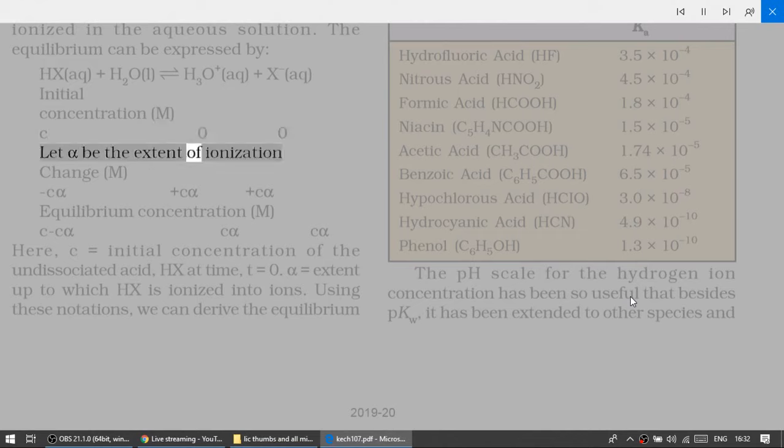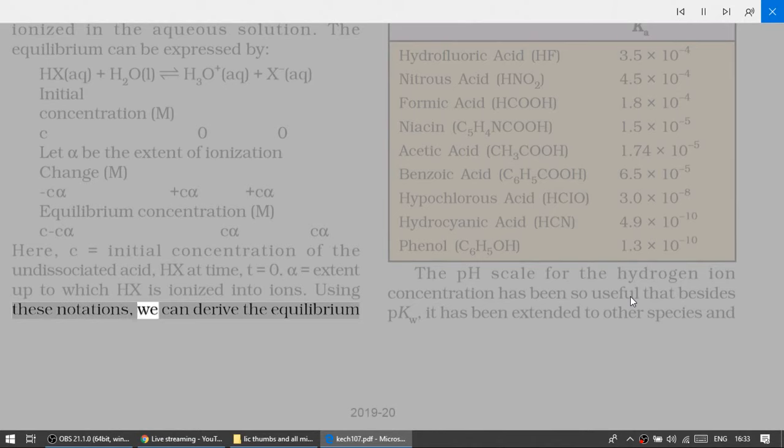Let alpha be the extent of ionization. Change, M: −Cα, +Cα, +Cα. Equilibrium concentration, M: C(1−α), Cα, Cα. Here, C is the initial concentration of the undissociated acid HX at time t = 0, and alpha is the extent up to which HX is ionized into ions.